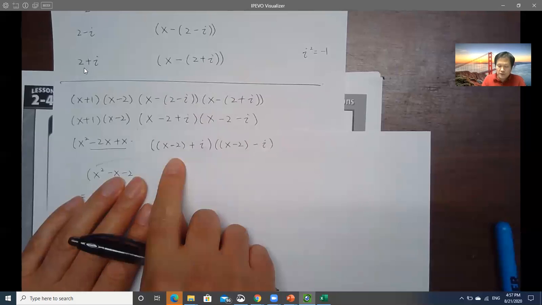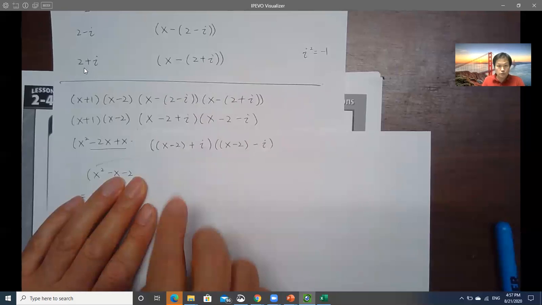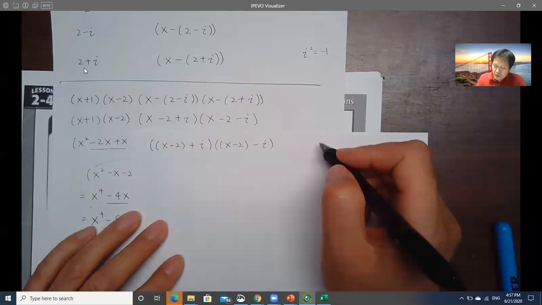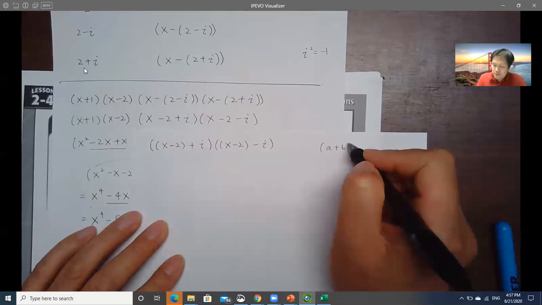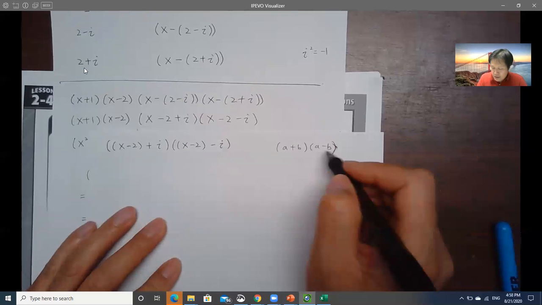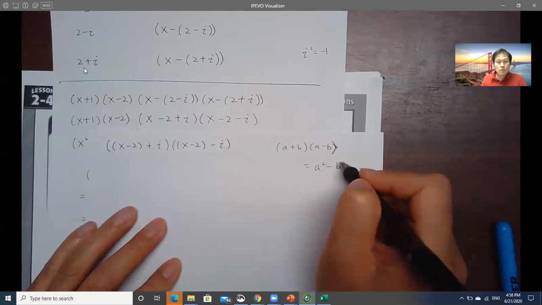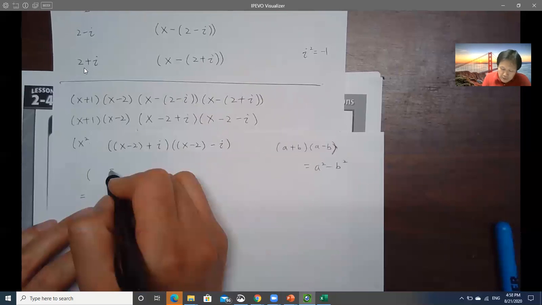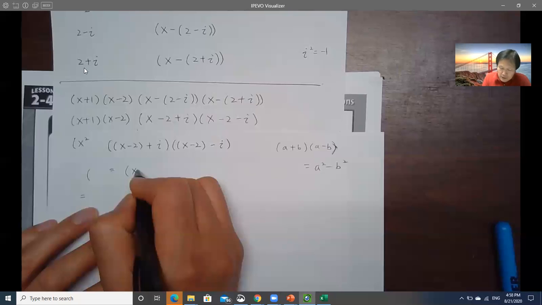I just parenthesize the top first two. Then it becomes a plus b, a minus b form. If you recognize that, that's a squared minus b squared. So this is the same as x minus 2 squared minus i squared.